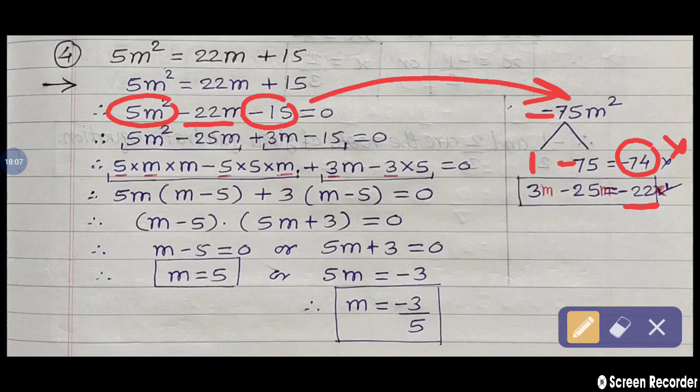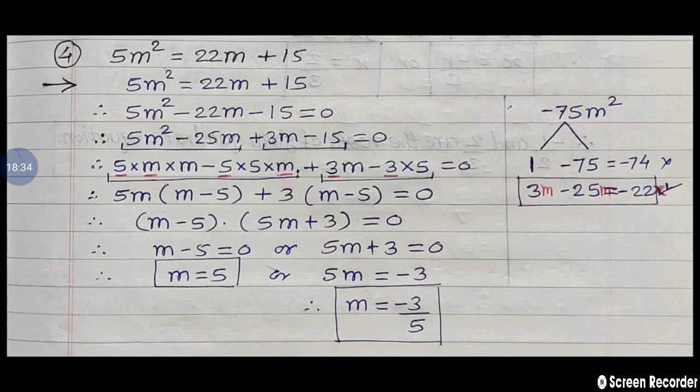And 3 multiplied by minus 25, our answer is minus 75m square. So use the variable m. In the next step, the middle term, minus 22m, is split as per our factors into 3m and minus 25m.